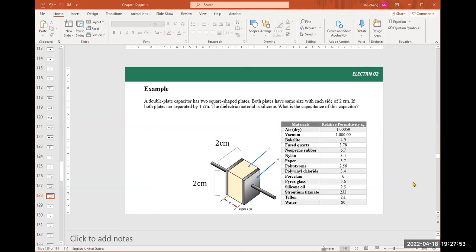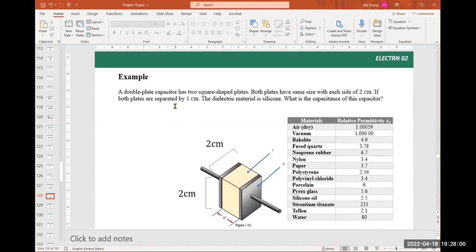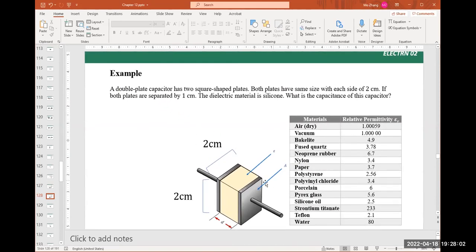How about now? Let's solve an example. So here we have a double plate capacitor. Both plates are square-shaped, with the same sides, and each side of both plates is 2 centimeters.